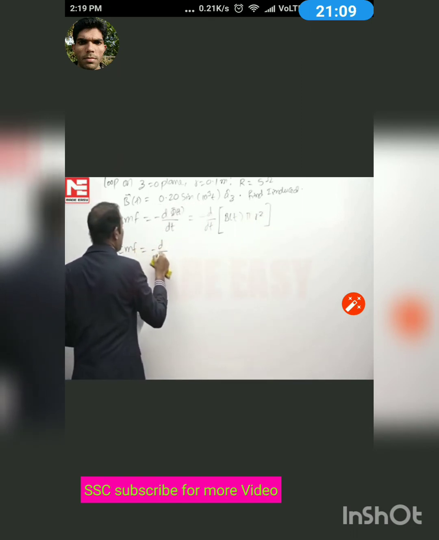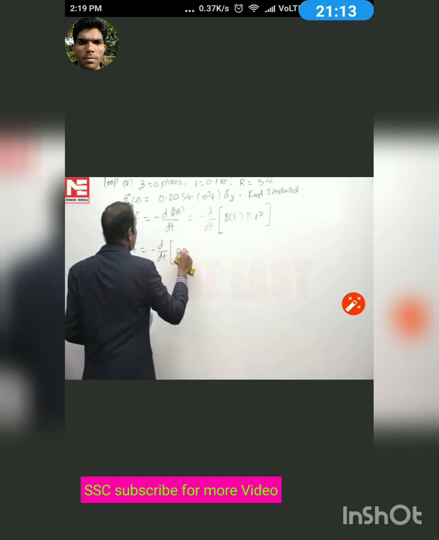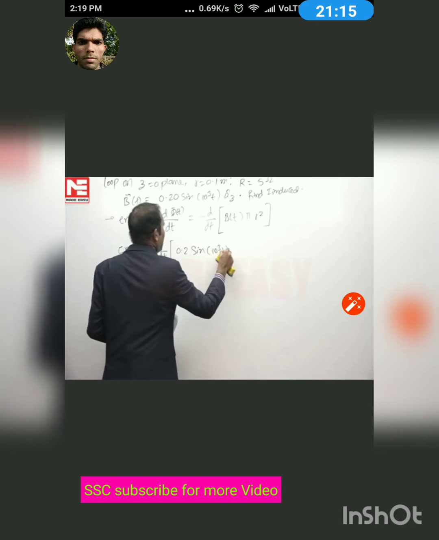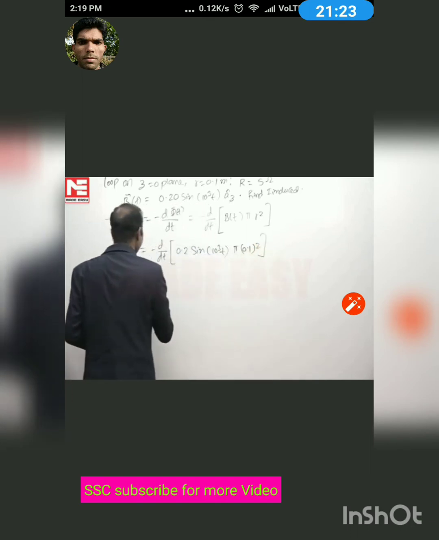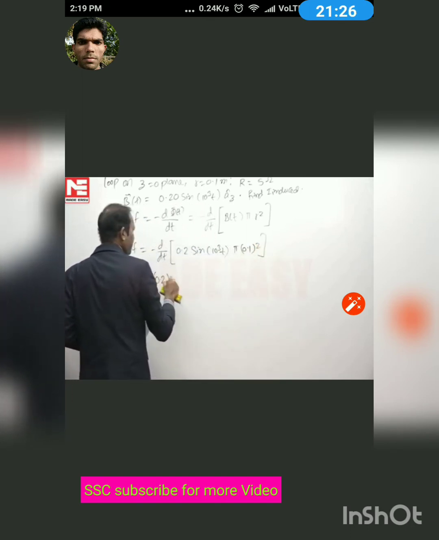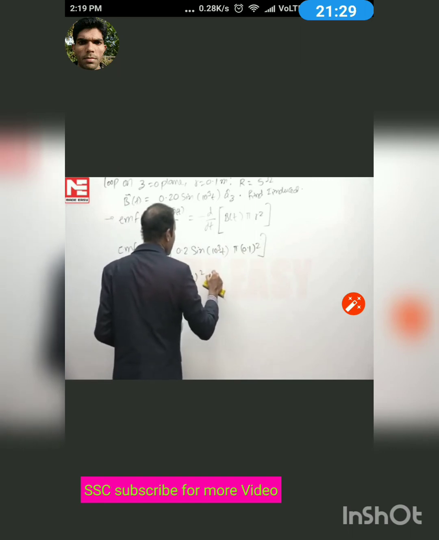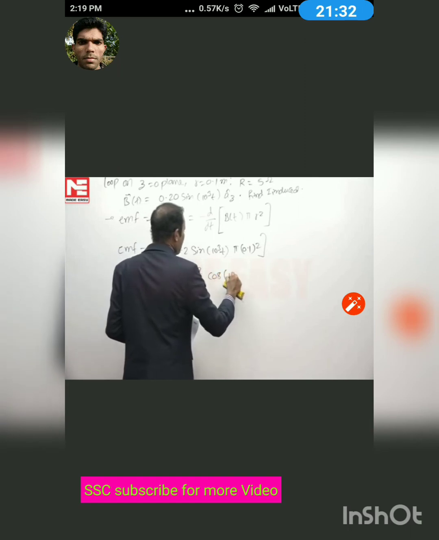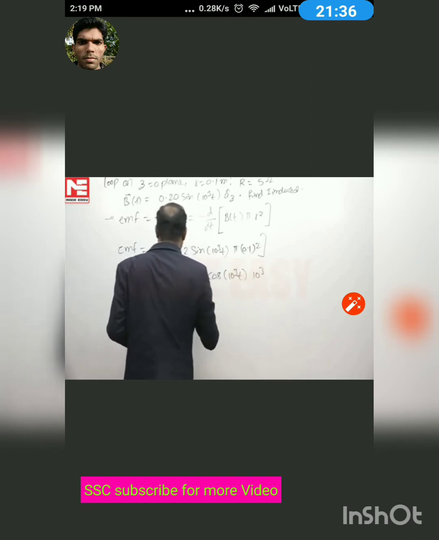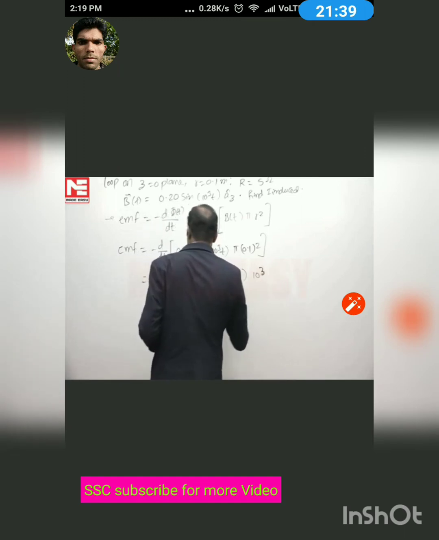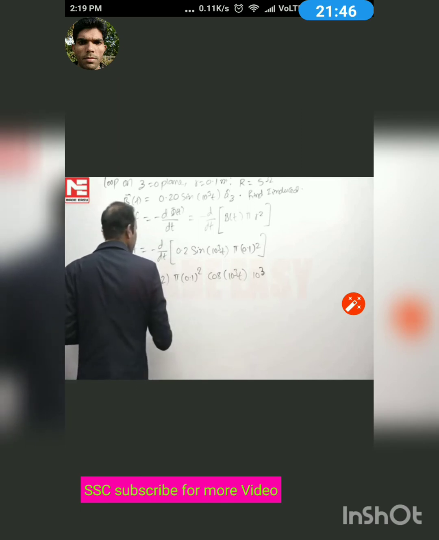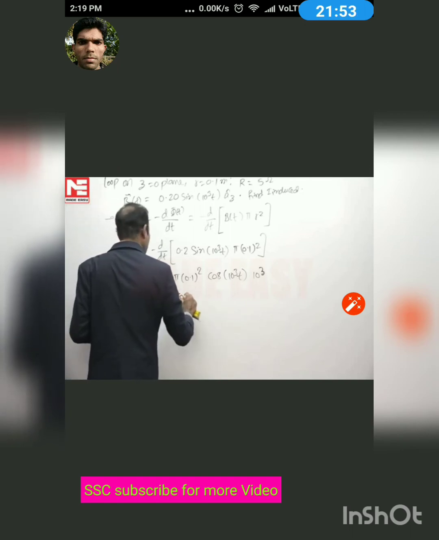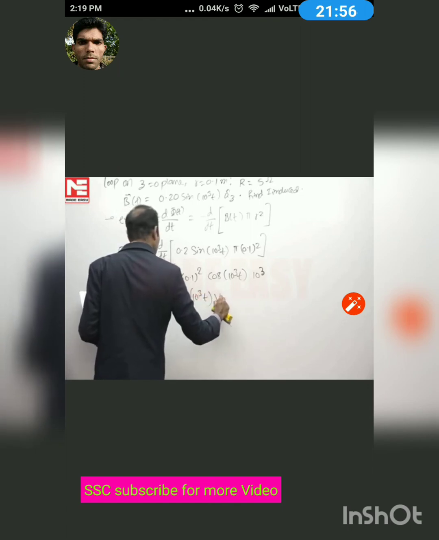So EMF is minus d/dt of 0.2 sin(10^3 t) times pi times 0.1 whole squared. The derivative of sine is cos(10^3 t) into 10^3. Here the minus is also there, so you get minus 2 pi cos(10^3 t) volt.